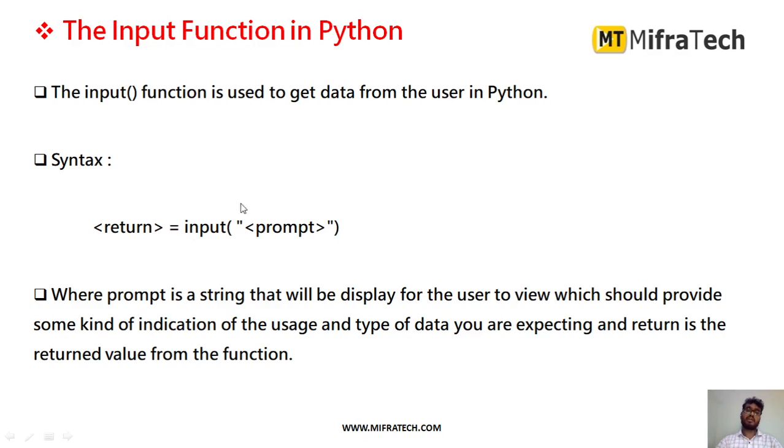After collecting that value from the input, until the user enters a value, this will be running in the background, and after a user has entered some value from the keyboard, it will be taken and stored in this return variable. So you can change this return variable according to your wish, or you can use any variable. So this is a general syntax for taking input from the keyboard in the Python programming language.